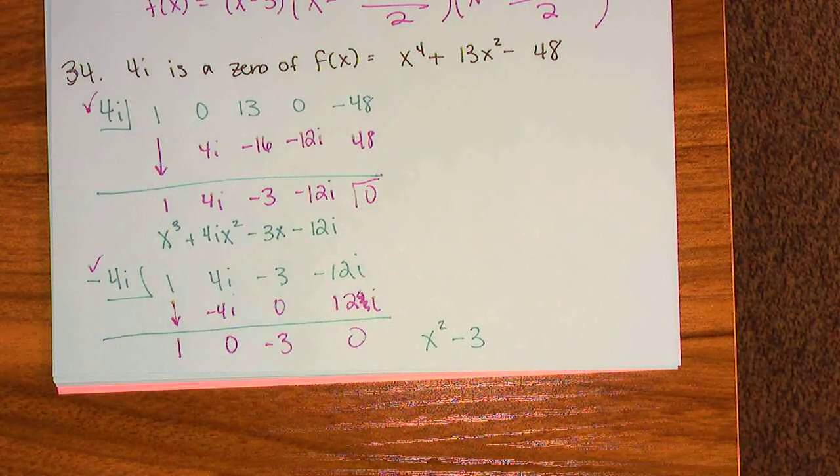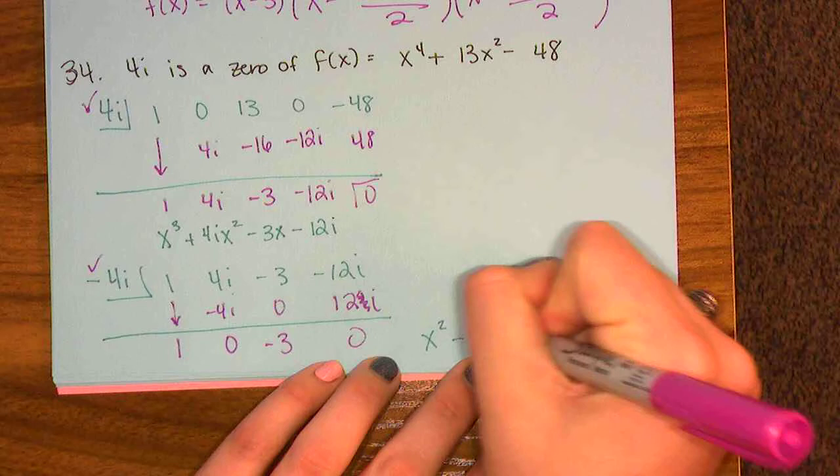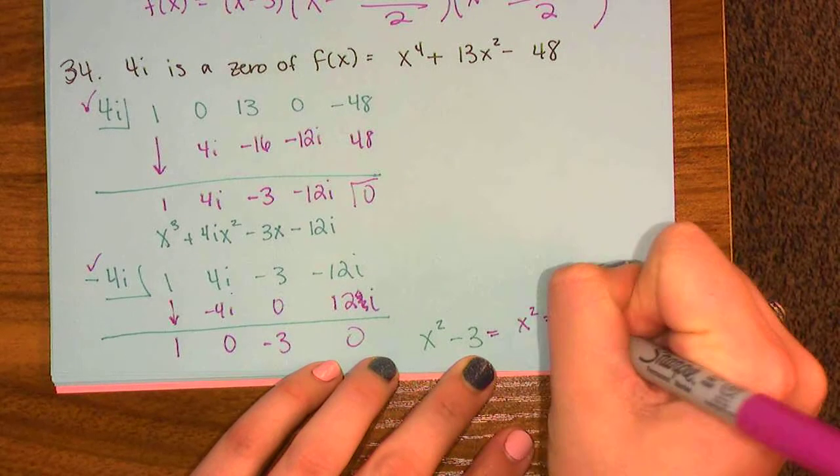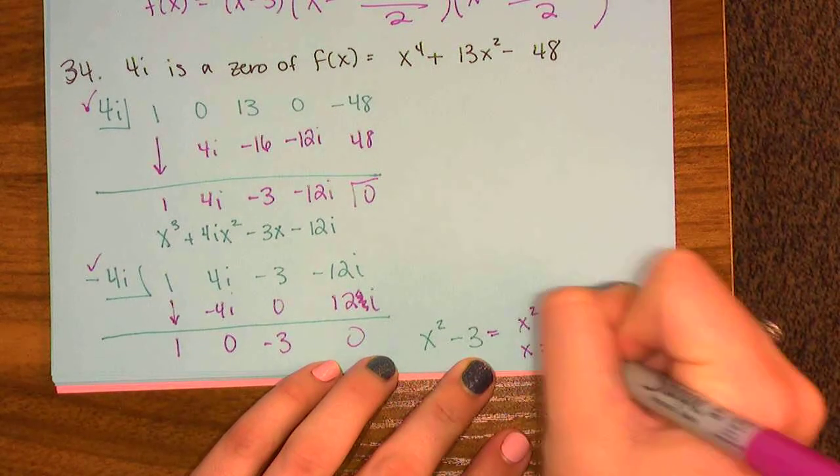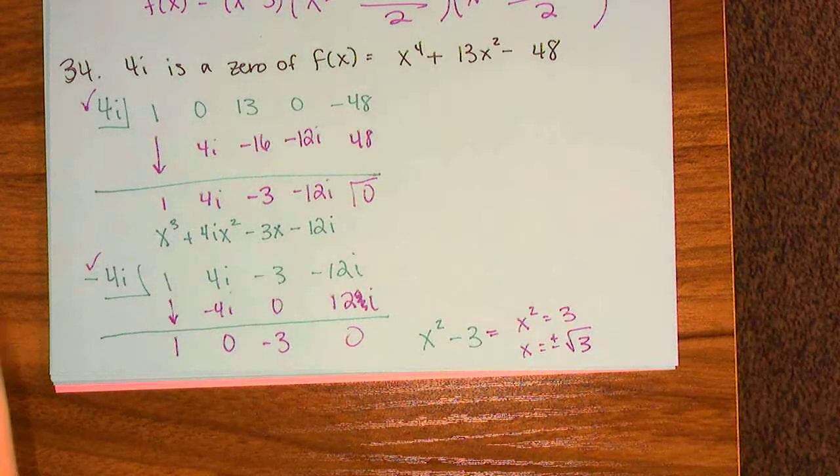Could I also just set this equal to 0 and find my other x values? So this would give me x squared is equal to 3, x is equal to plus or minus the square root of 3. And let's just verify before we get too far that that's right.